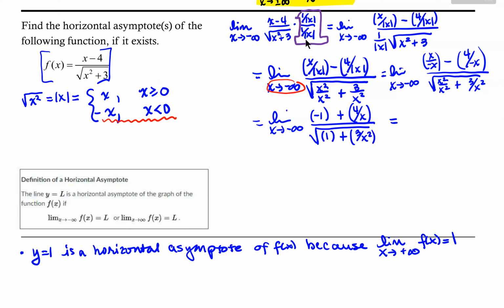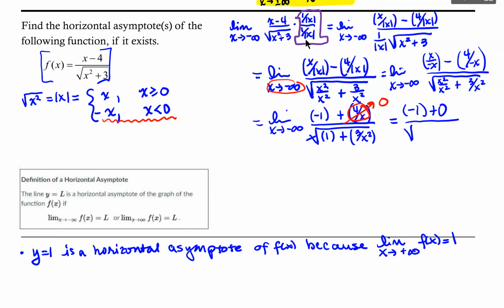And so now we're ready to take the limit. As x approaches negative infinity, negative 1 does not change, so we keep that negative 1. As x approaches negative infinity, 4 over x, using our property from before, equals 0.